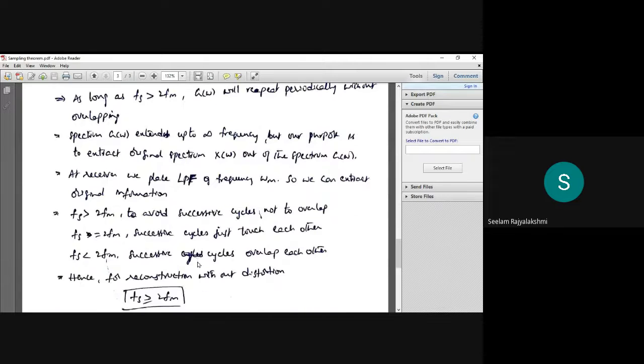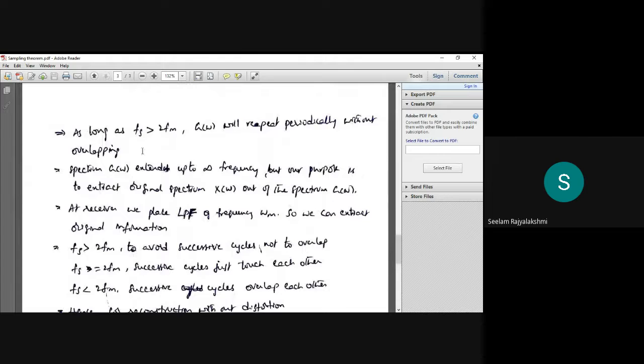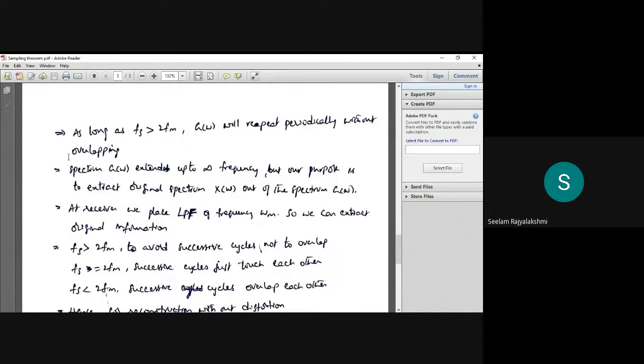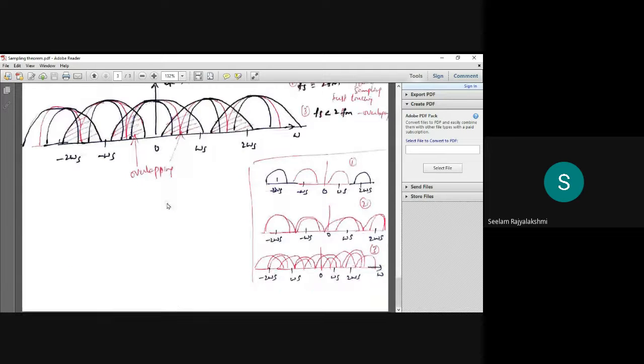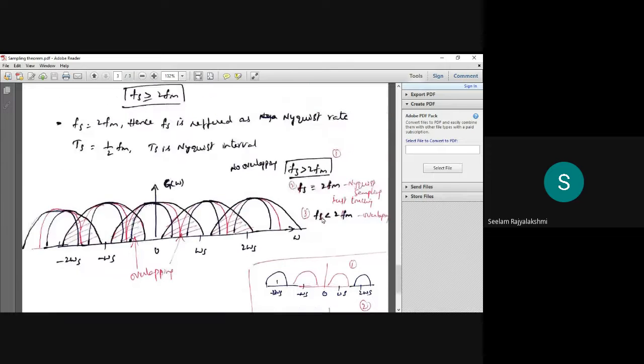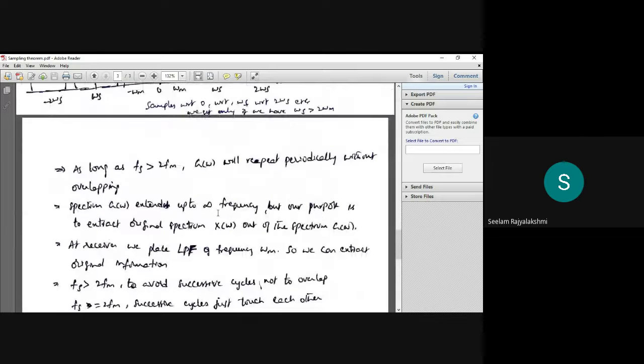Now let us discuss. As long as Fs is greater than 2 Fm, G of omega will repeat periodically without overlapping. Here we have three conditions, so let us see the first one. The spectrum G of omega extends up to infinity frequency, but the purpose is to extract the original spectrum X of omega out of the spectrum G of omega.